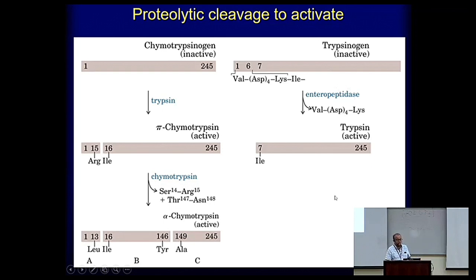That's the active form. There are similar other zymogens released. Chymotrypsinogen is another one, and so on. Again, don't memorize the details, just understand the principle. You truncate a segment of the amino acid chain to convert the zymogen to the active enzyme.